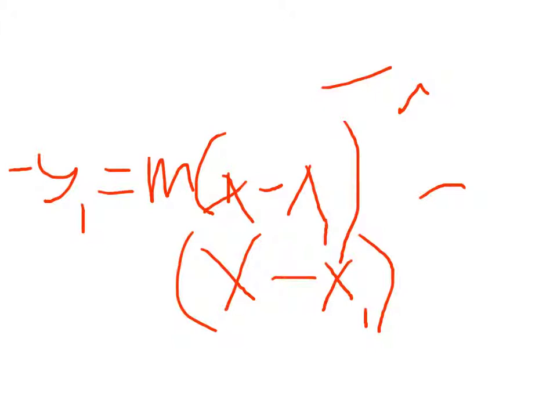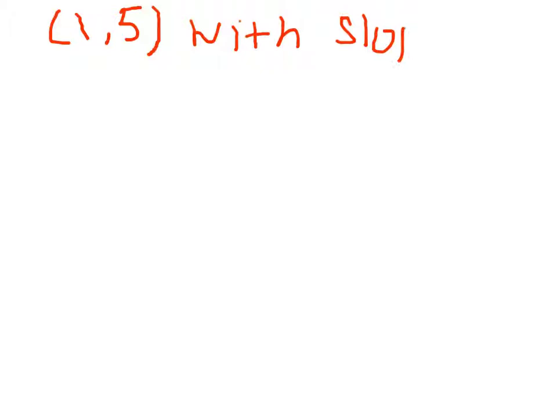Okay, now we're going to do an example of point-slope form of the equation of a line. So I'm going to take this new slide. For a line passing through the point 1, 5, with slope of 2, that means that m would equal 2.